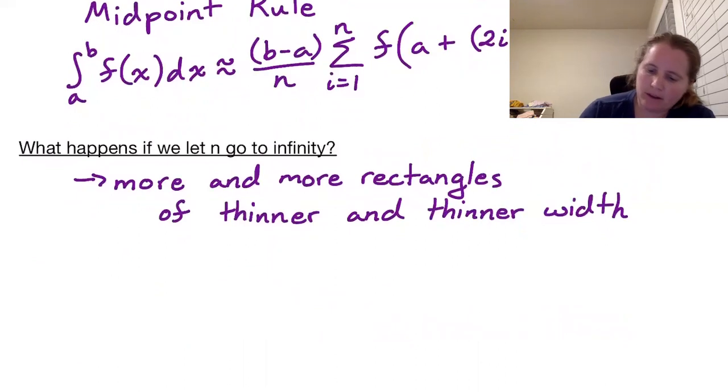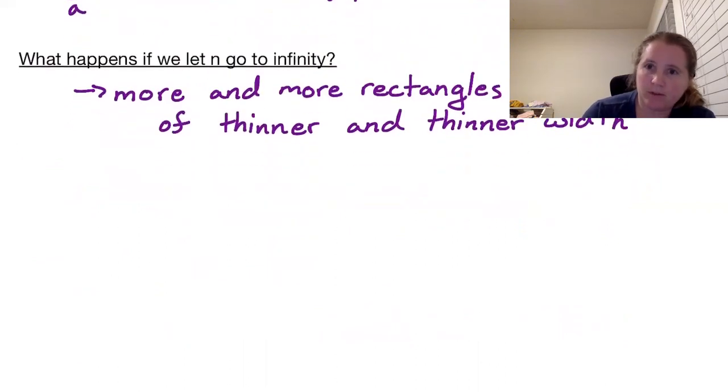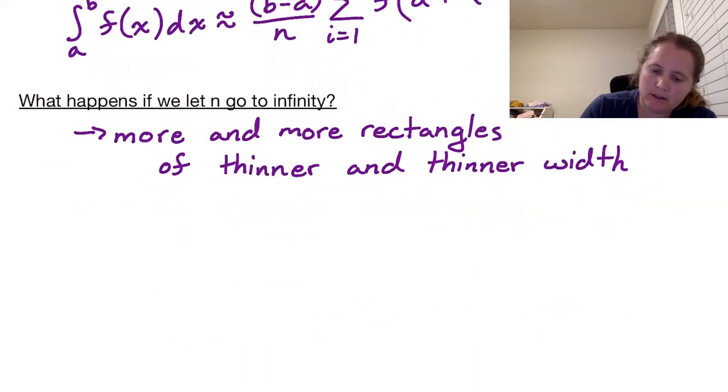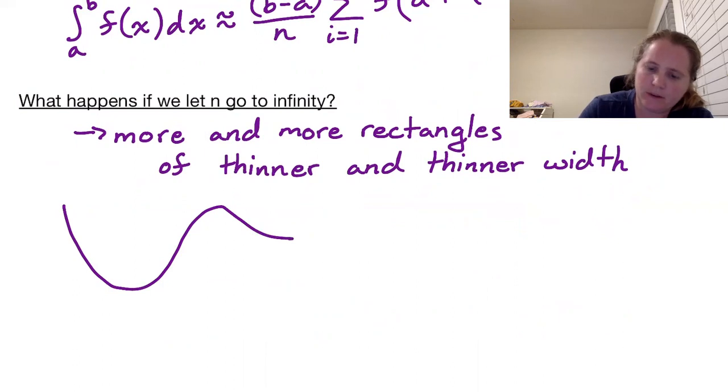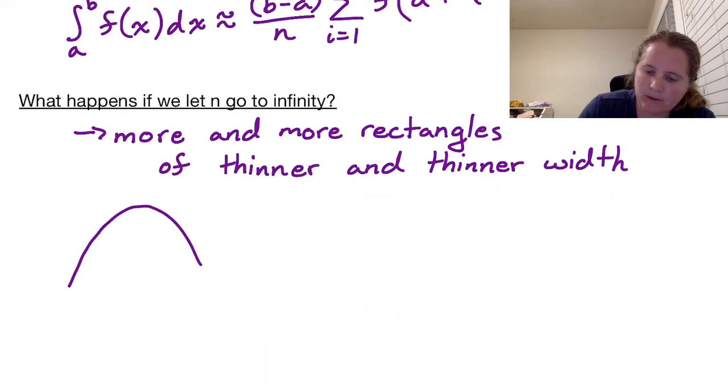And so if we think of, I'm going to just draw a few graphs. Let's just say we want to do this, and then I'm going to do a few copies of this.